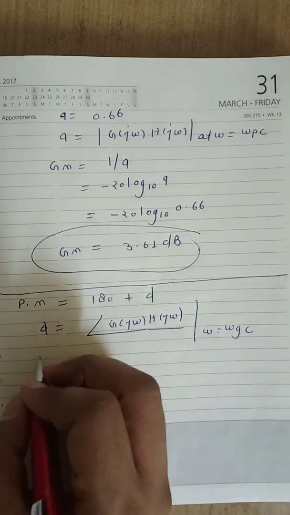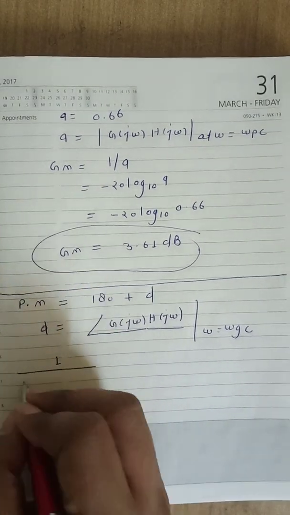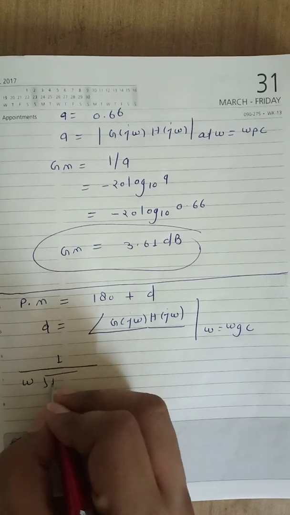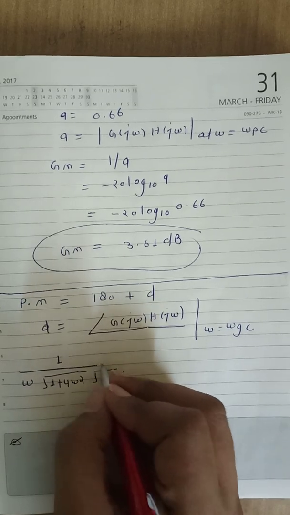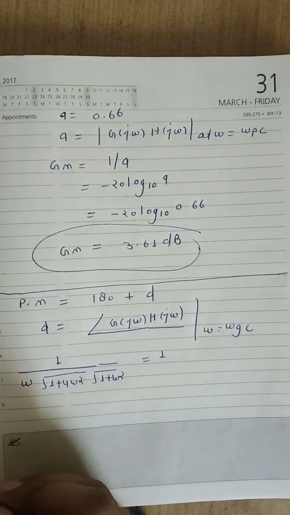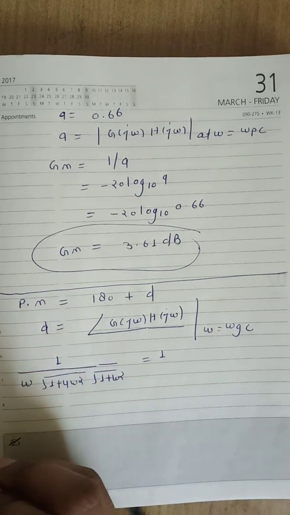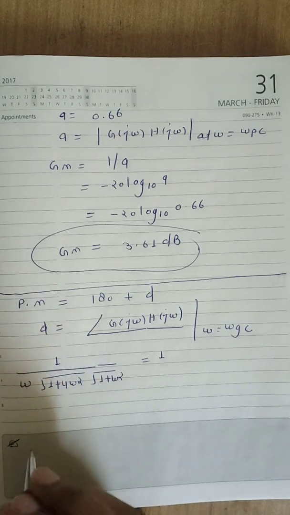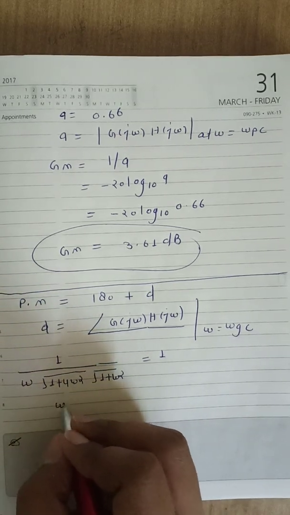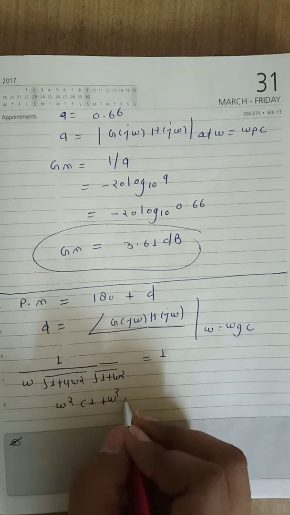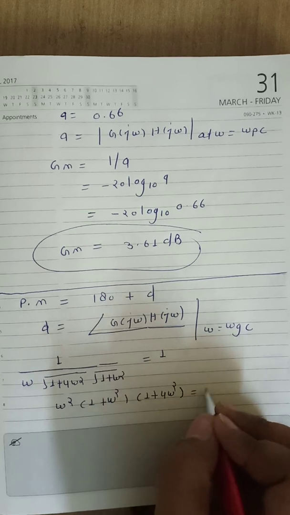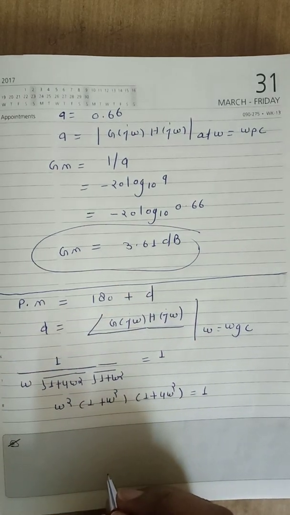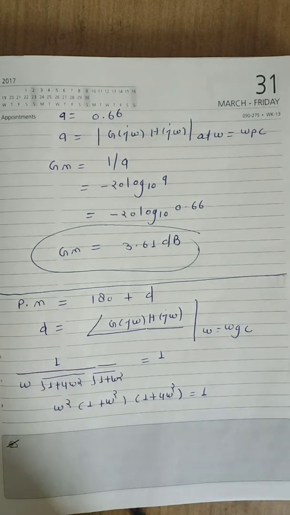Magnitude already calculated, means 1 over omega under root 1 plus 4 omega square under root 1 plus omega square equal to 1. Now let us simplify. After simplify, we have omega square, 1 plus omega square, 1 plus 4 omega square equal to 1.